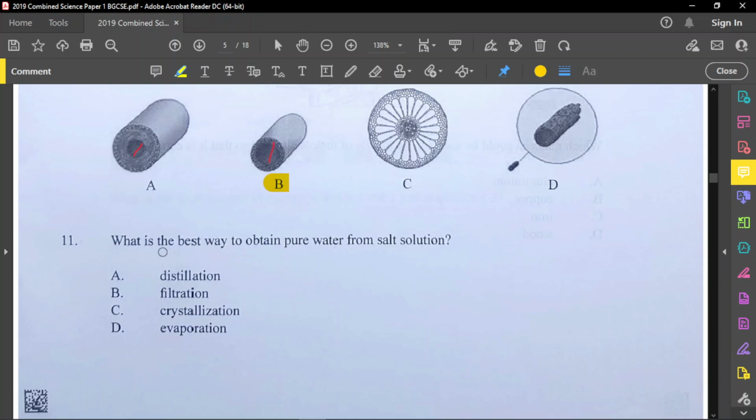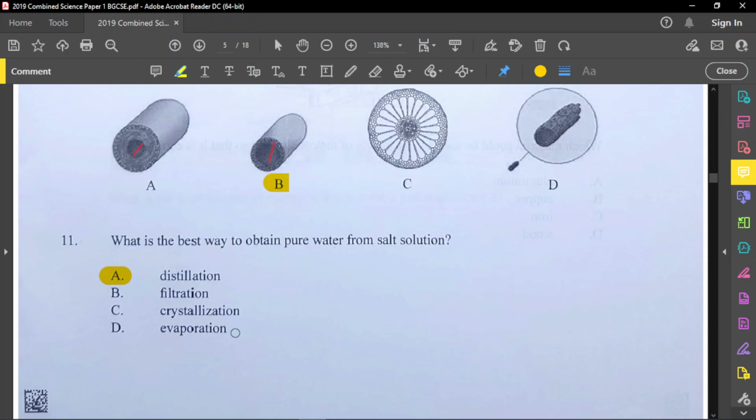Question number 11 is, what is the best way to obtain pure water from salt solution? If you want to collect the water, then distillation is the best process, because while the water is evaporating, it will condense back into liquid water. You can use evaporation, but with evaporation you are not going to get the water. You cannot collect the water.